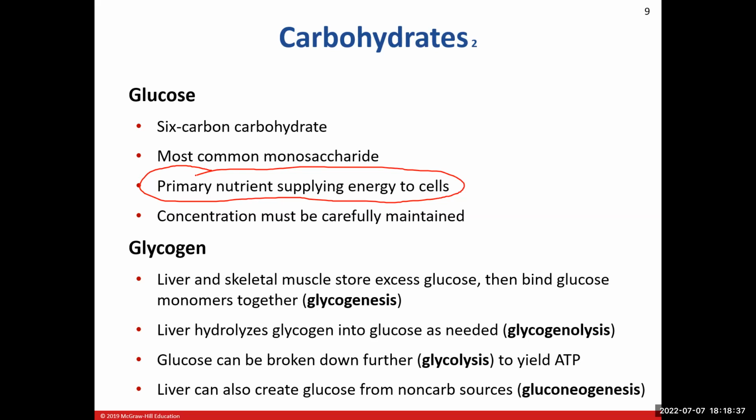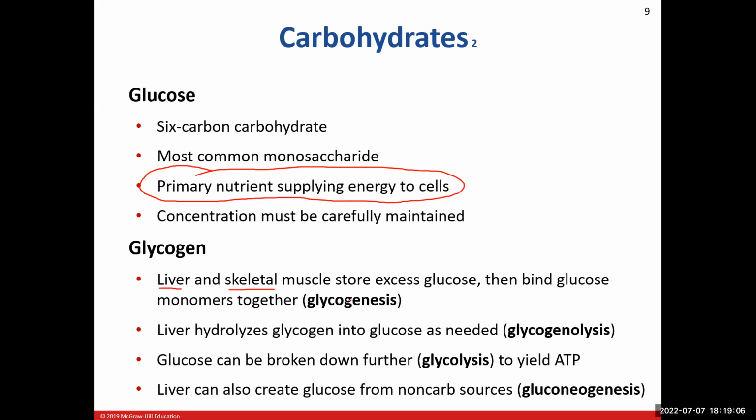So it's going to store it in the form of glycogen. It does that in two of our organs, the liver and our skeletal muscle. So glucose gets stored as glycogen when you have extra glucose. It's going to store it as the glycogen molecule, and that process of storing it is called glycogenesis.